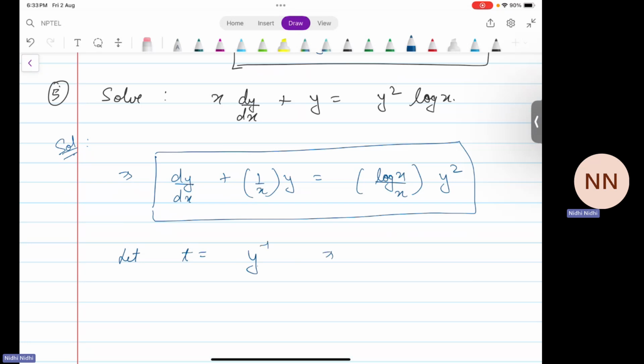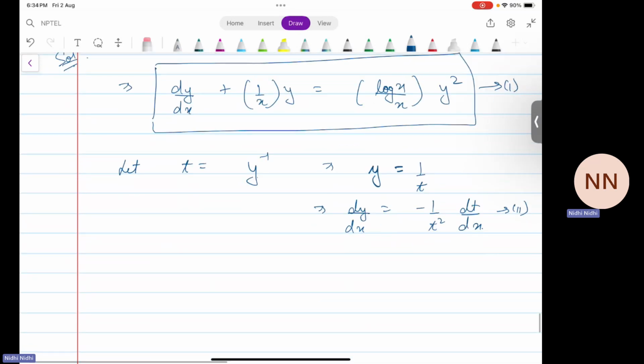So we have y = 1/t, which gives us dy/dx = -(1/t²) dt/dx. Now I'll number this as 1, this as 2.